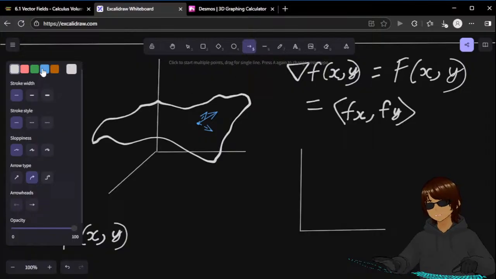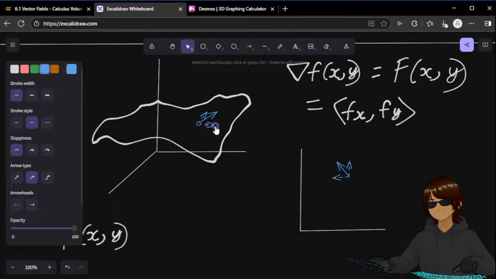And this thing is over here, let's say. And all these three vectors are parallel to the xy plane.